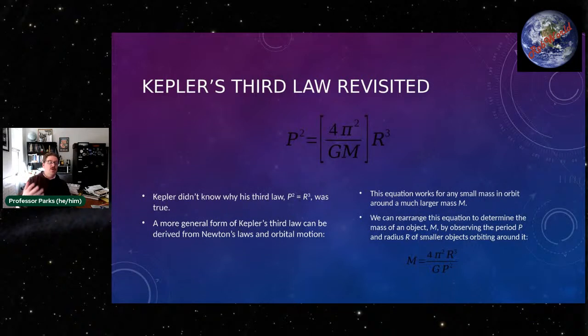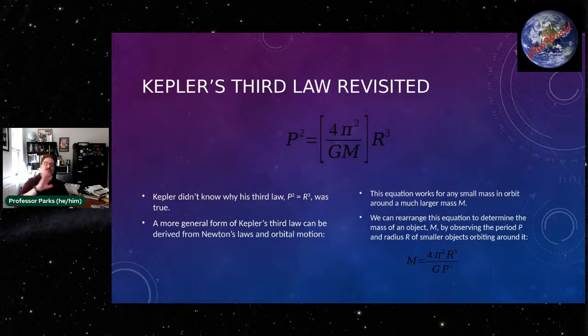This is also what we refer to as a dynamical mass. Dark matter was found from looking at galaxies, calculating the dynamical mass of a galaxy using this law.